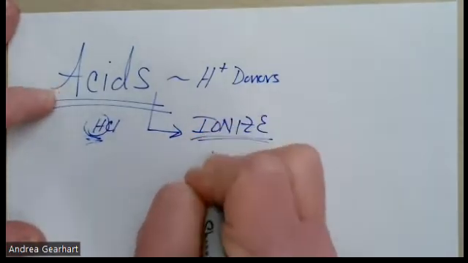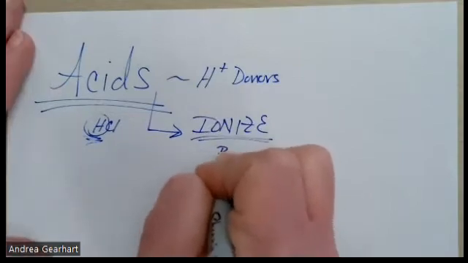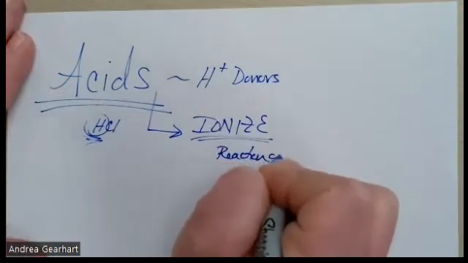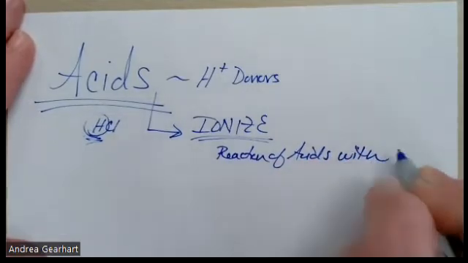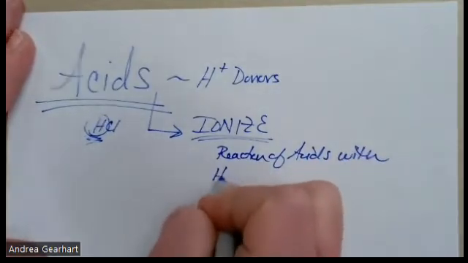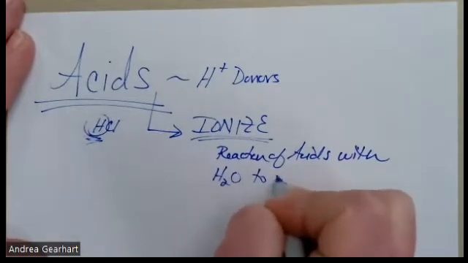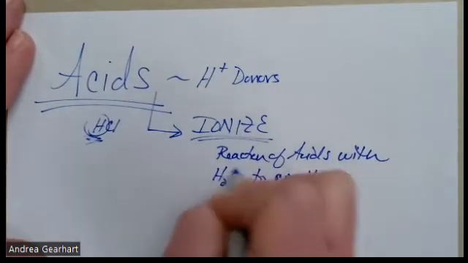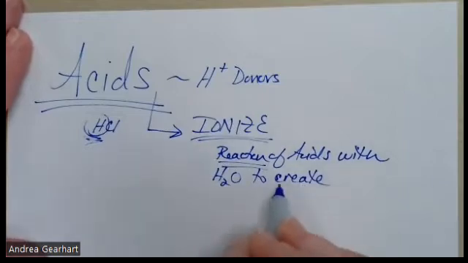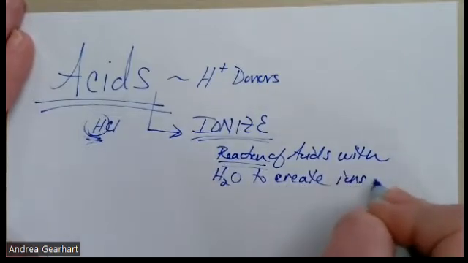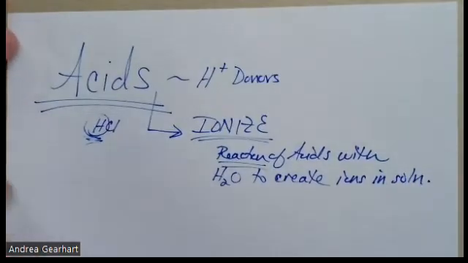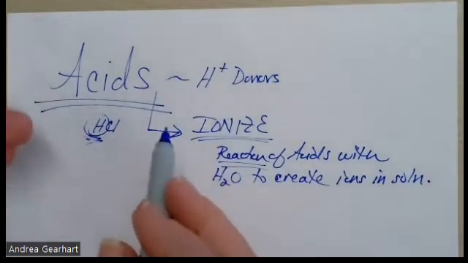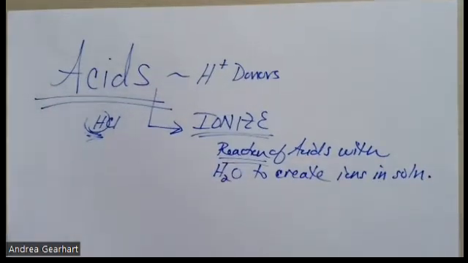Ionization is the reaction of acids, and for now it's with the solvent, which is water, to create ions in solution. It is a chemical transformation, but as we'll see in a moment, we end up creating a certain molecule that gives acids their characteristics.